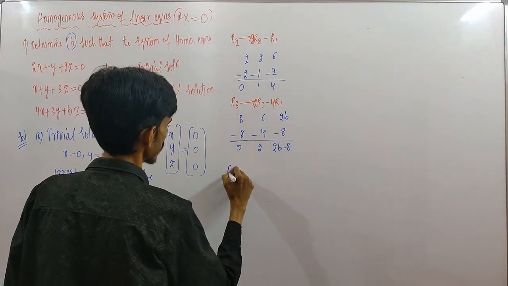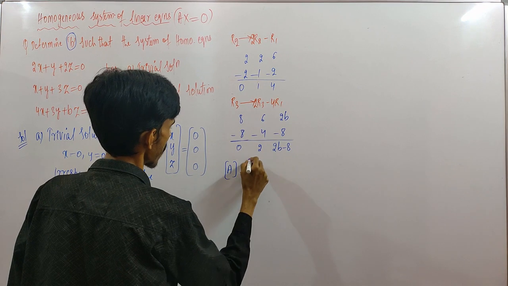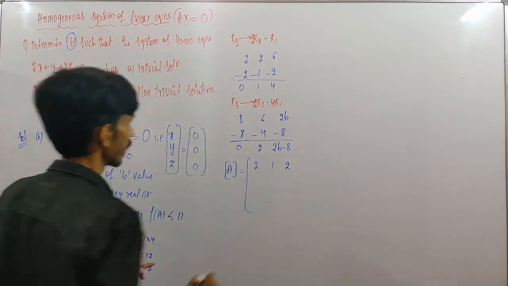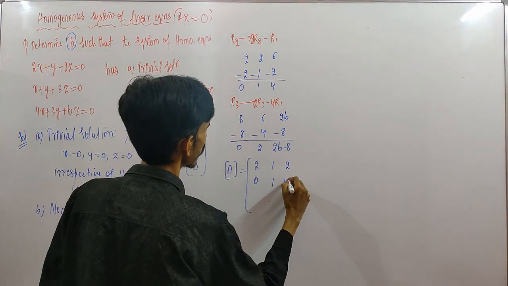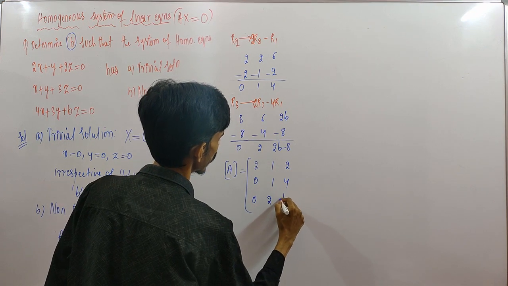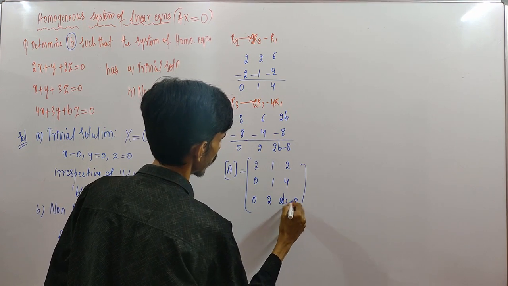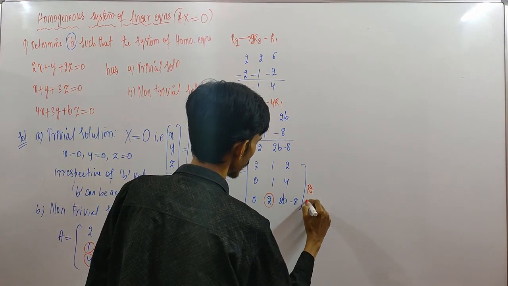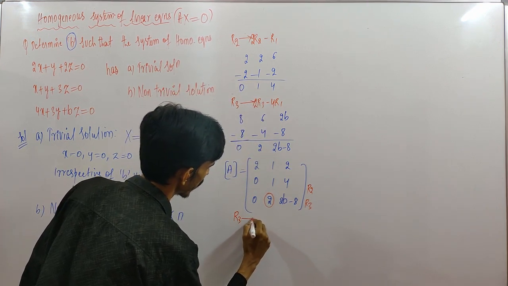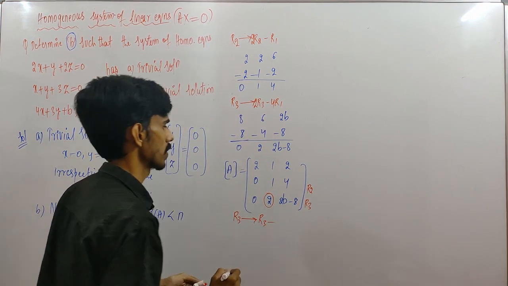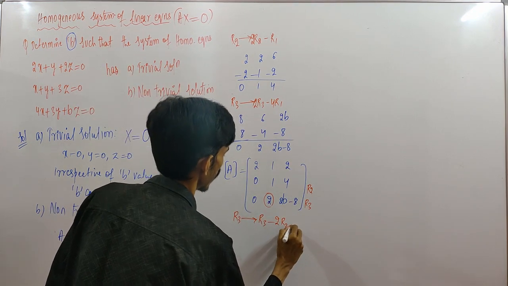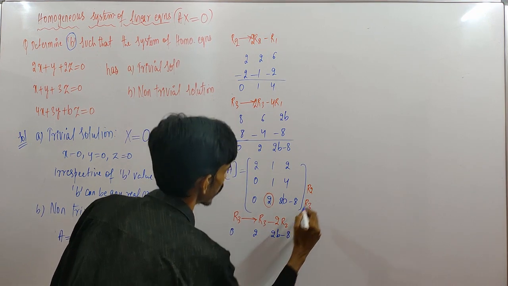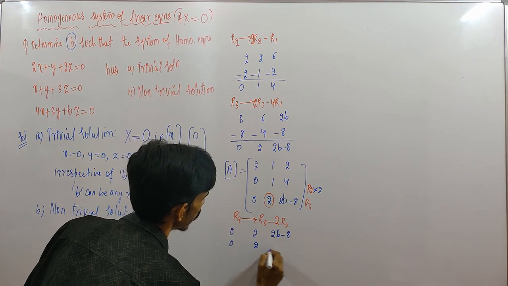Now our matrix will become 2, 1, 2 in the first row, 0, 1, 4 in the second row, and 0, 2, 2b minus 8 in the third row. Now I want this element to be 0. This is R2, R3. So change R3 to R3 minus 2R2. R3 as it is, 0, 2, 2b minus 8, minus 2R2, which is 0, 2, 8.